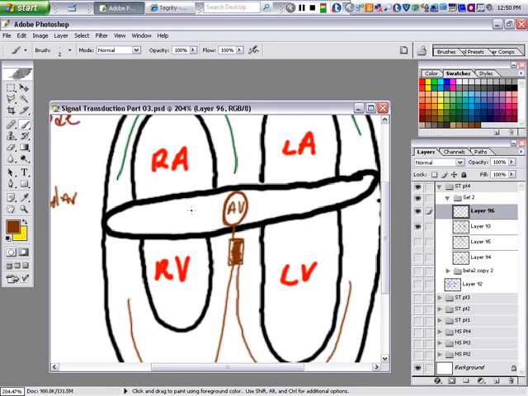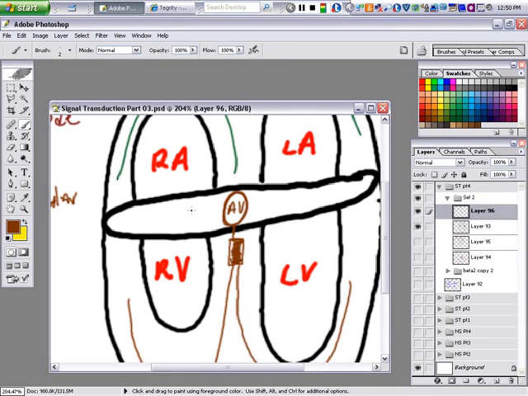Once the SA node sends out its signal, that signal goes almost immediately all over the atria and to the AV node. And so every time a signal is sent out, the atria will contract. Now, if the AV node sent out its signal right away, the heart would just beat like this. Everything would beat at the same time.